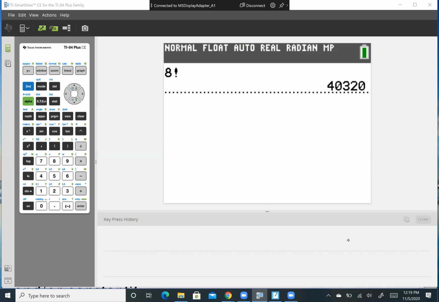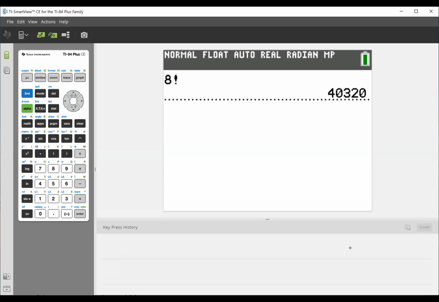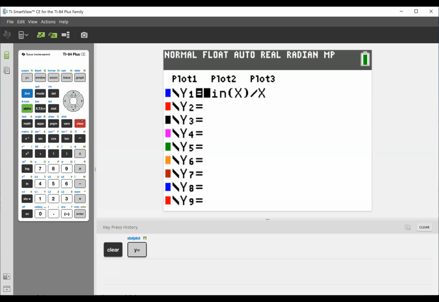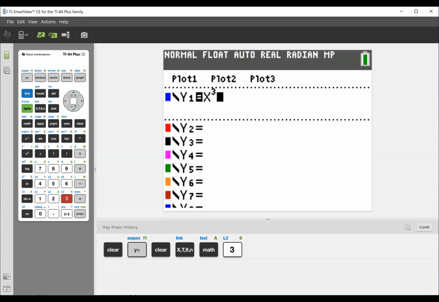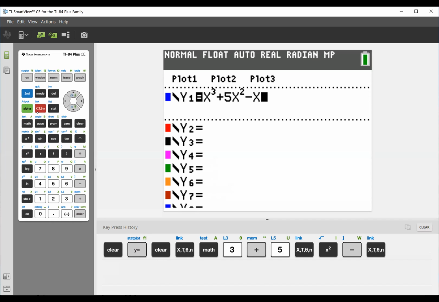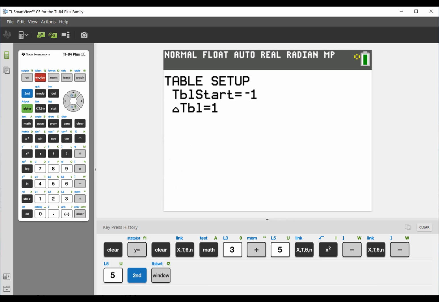So what I could do, using a calculator like a TI-83, is put my equation in: x cubed plus 5x squared minus x minus 5, right? And I can look at a table of values.